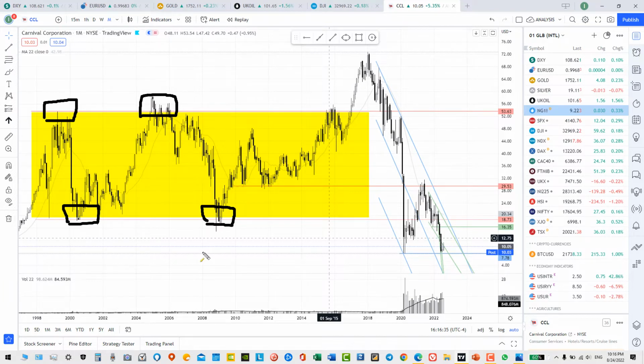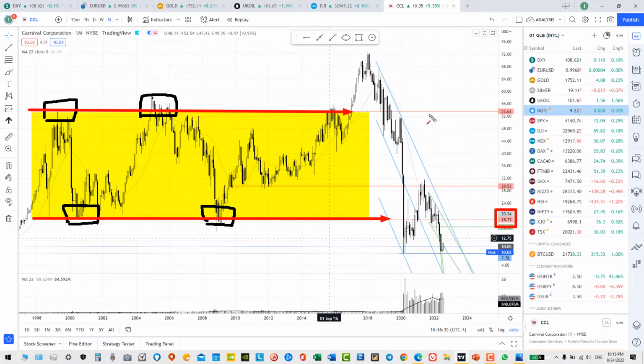It was ranging from a monthly important support around $18 or $19, while the resistance was running around $54. Later on, there was a break to the upside that resulted later on in a major downtrend, as we will see over the weekly chart.